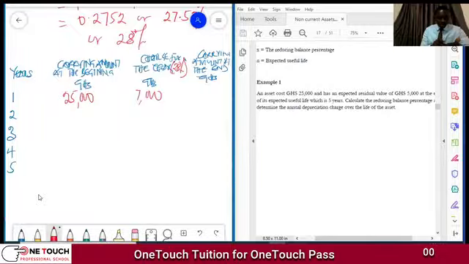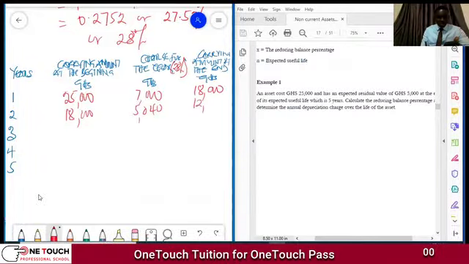So 25,000 minus 7,000. That is 18,000. 18,000 times 28%. That is 5,040. Minus 5,040.